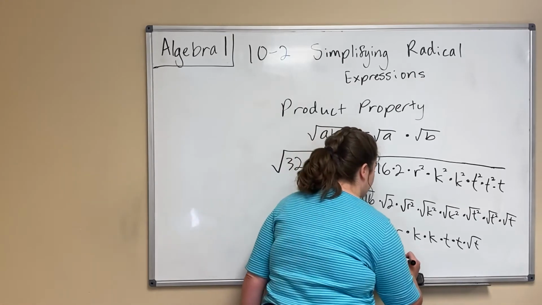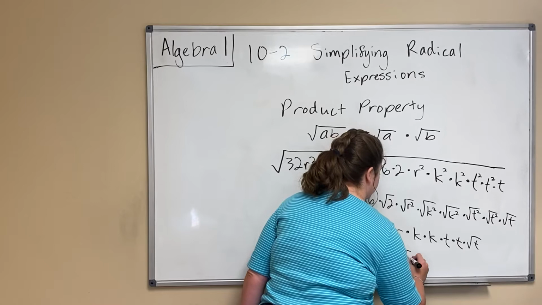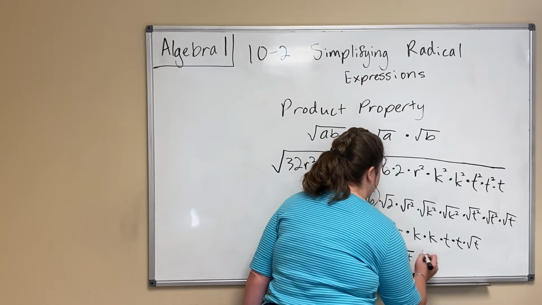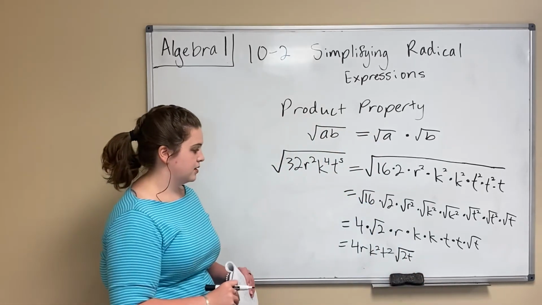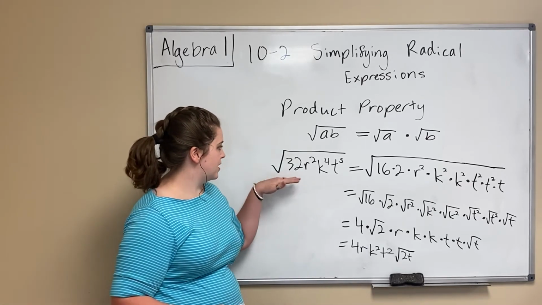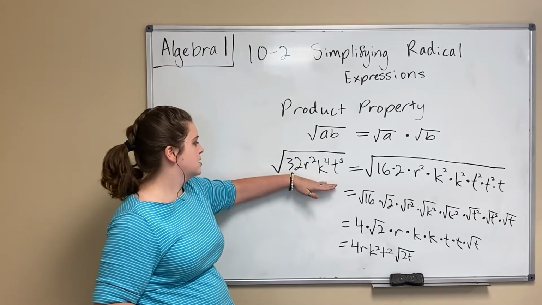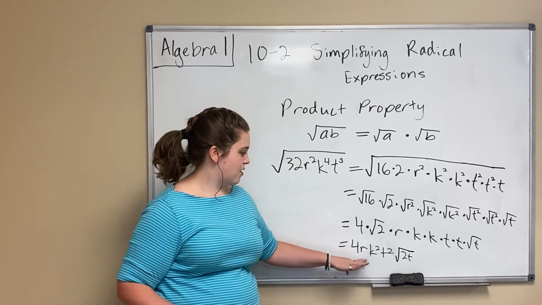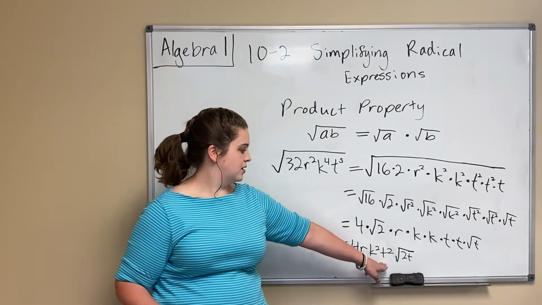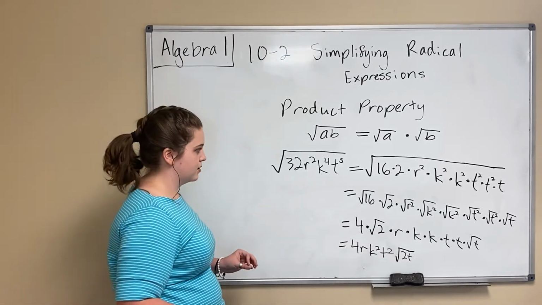So it's going to become the square root of 2 times t, right? Okay, so once we've simplified all of it out, simplifying the square root of 32 r squared k to the fourth t to the fifth equals 4 r k squared t squared times the square root of 2t.